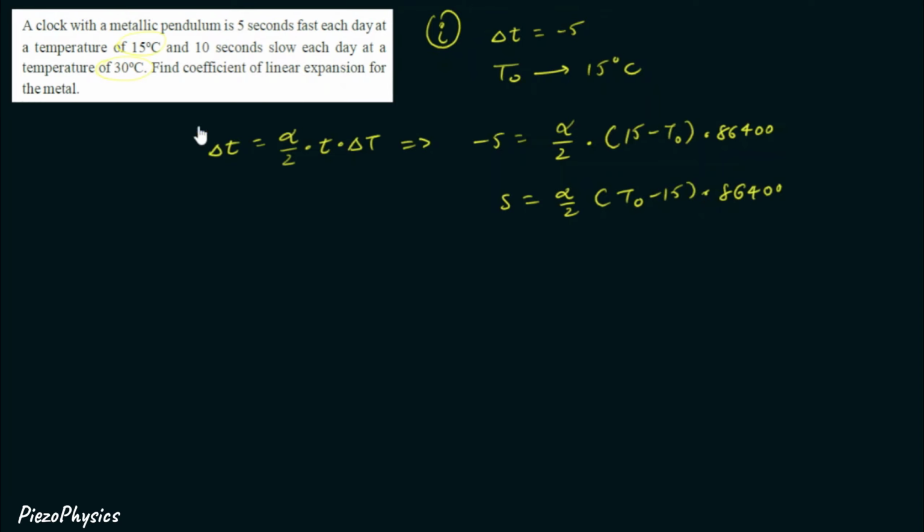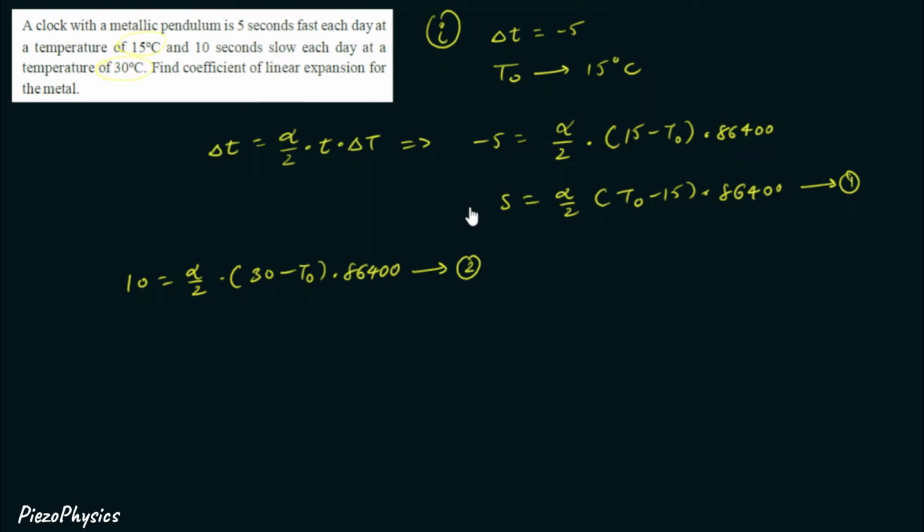Similarly, we can write 10 equals alpha by 2 into 30 minus T naught into 86400. Let us take this equation as first and this equation as second equation.